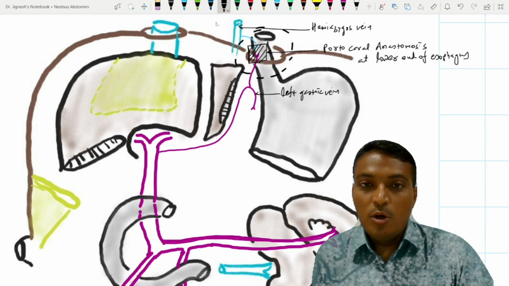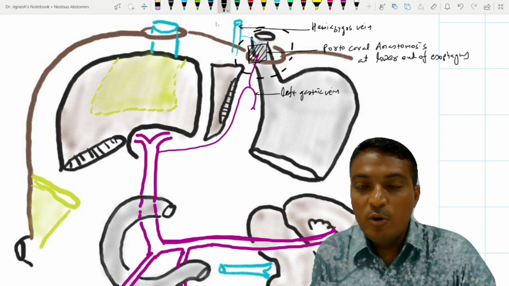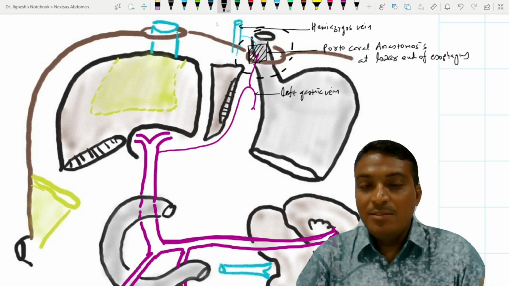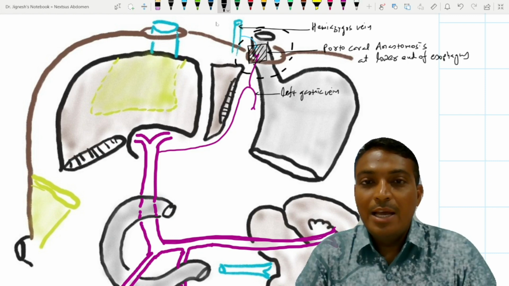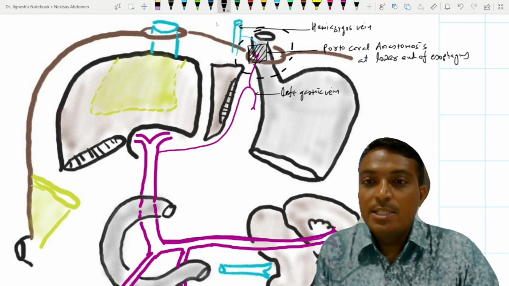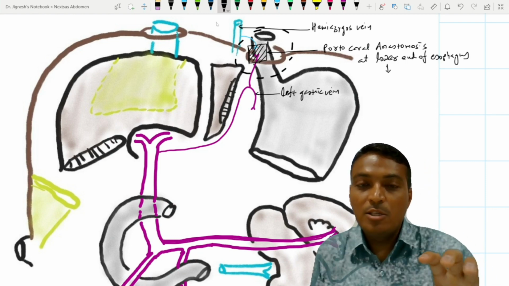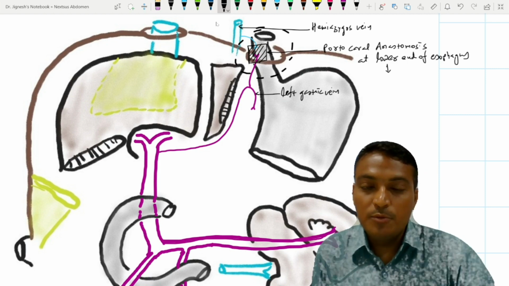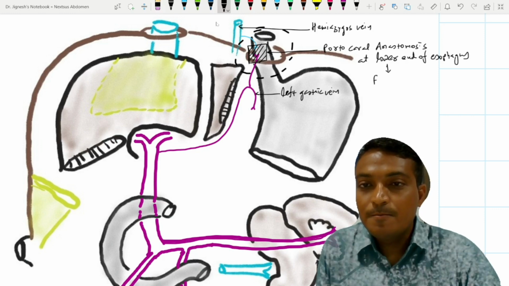In case of portal obstruction, engorgement of the veins at the lower end of the esophagus occurs, and sometimes the wall of this vein may rupture, leading to severe bleeding. This bleeding may cause vomiting of blood, called hematemesis. This engorgement or dilatation of the veins at the lower end of the esophagus at the time of portal obstruction is called esophageal varices.